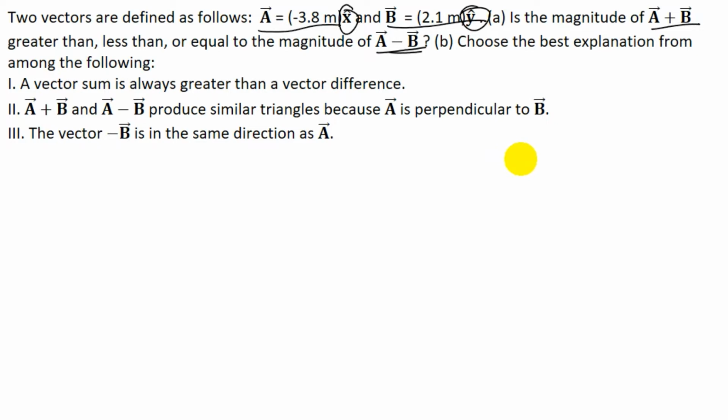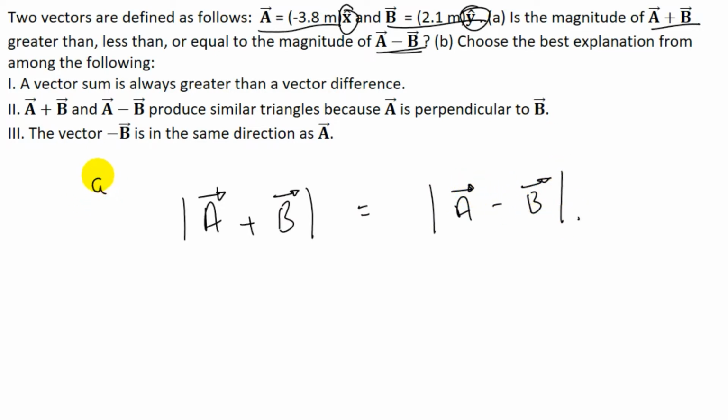So the length of the hypotenuse will remain the same independent of its direction. So we can say that the magnitude of A plus B vector should be equal to the magnitude of A minus B vector. So this is for the A part.